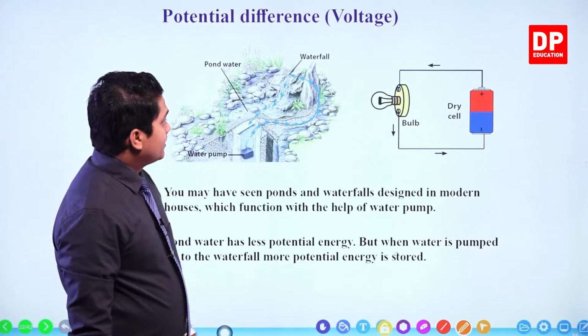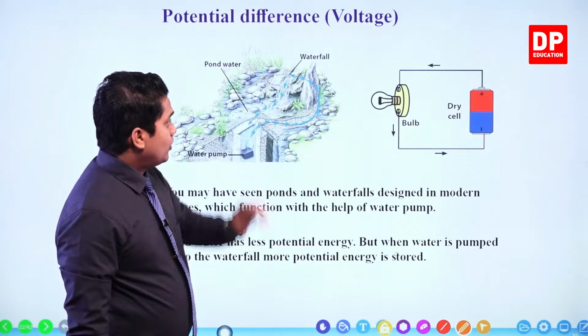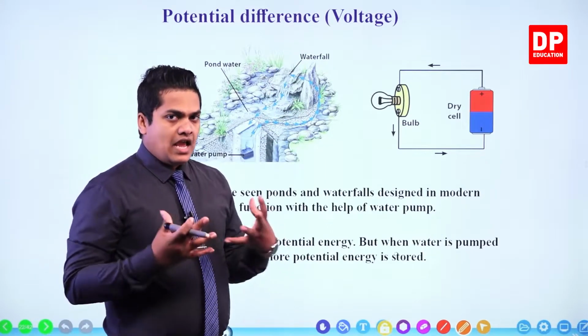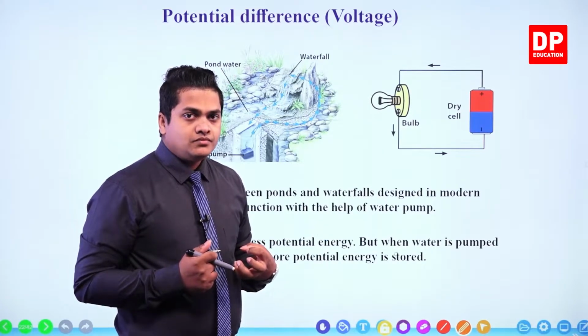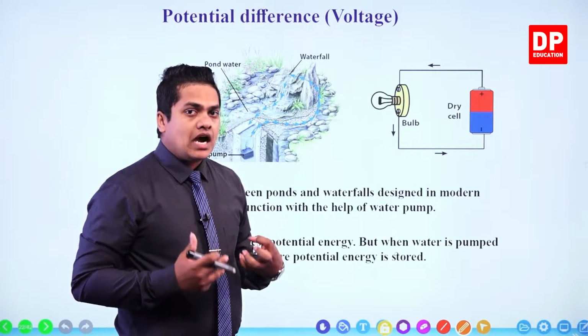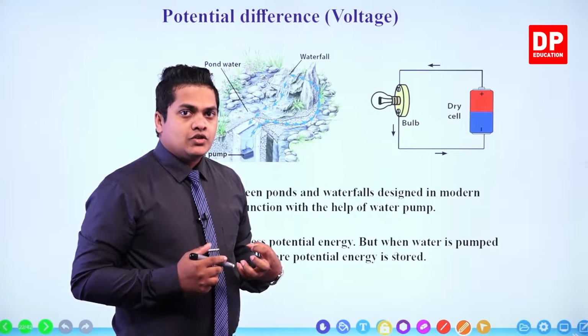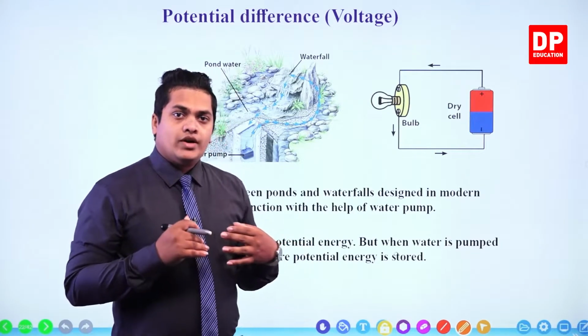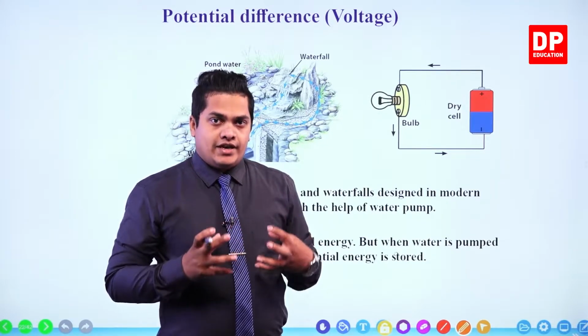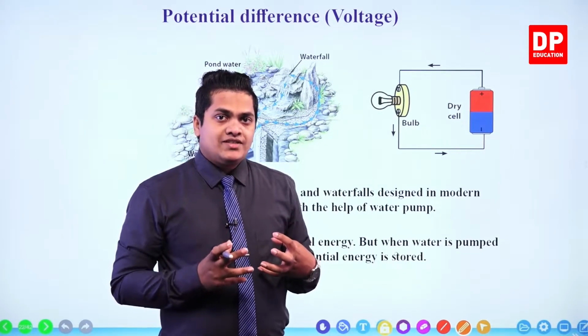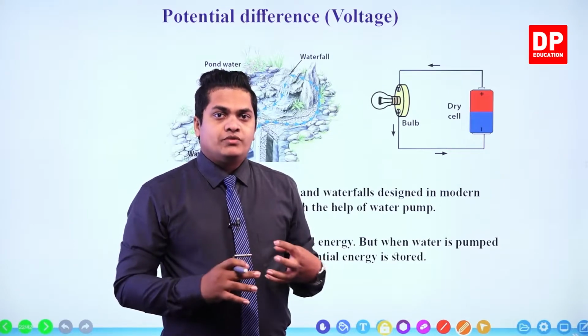and when it is pumped to the top of the waterfall, it will have some amount of potential energy due to the change in vertical height. When the vertical height of an object changes, a type of energy gets created on the object.